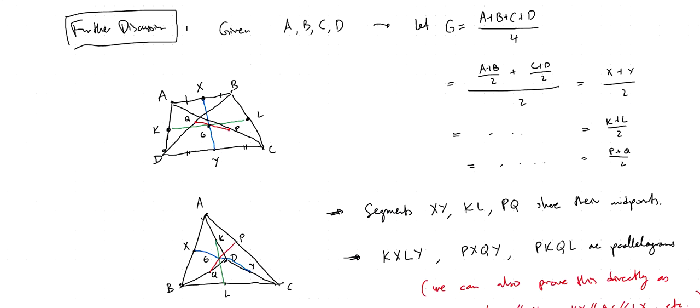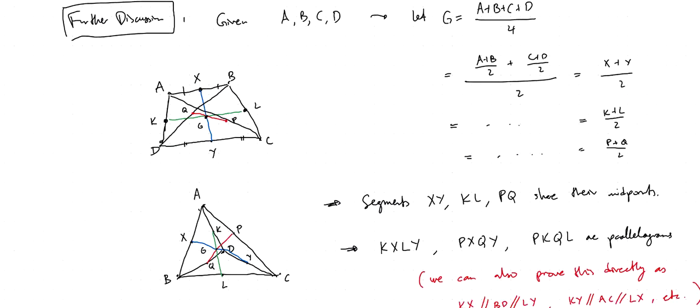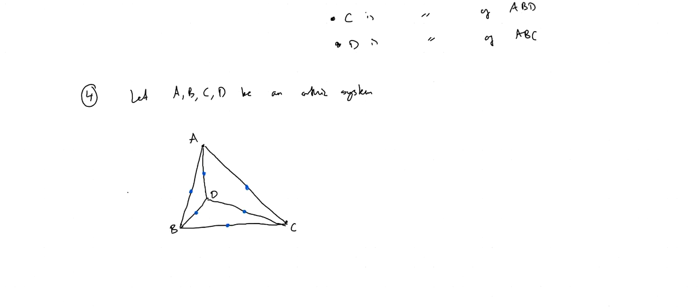X, K, P. I called them like this: X, K, P. So if this is X, this will be called Y. Make them black, and then this midpoint I should move up a little bit for a better picture.